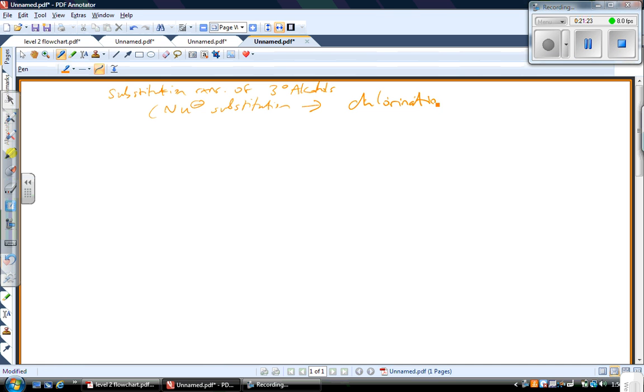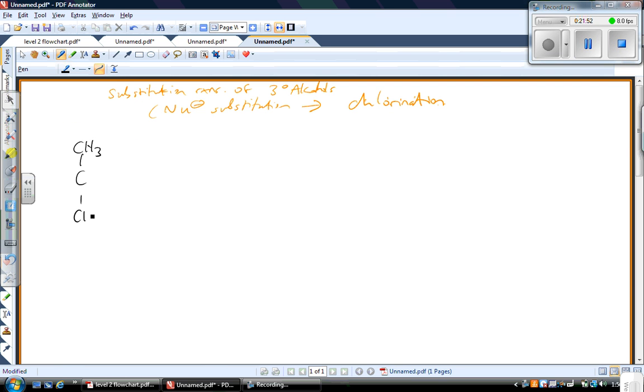Okay, now, with nucleophilic substitution on a tertiary alcohol, there are possible sources of chlorine that you can use. And the compound that I'm going to take a look at is going to be a tertiary alcohol as follows.